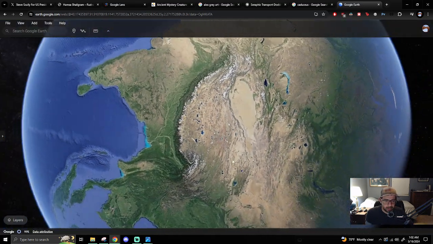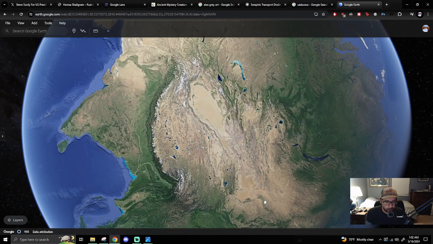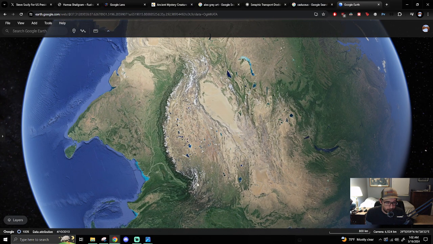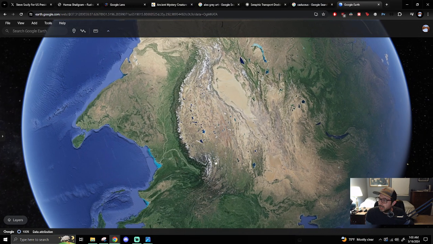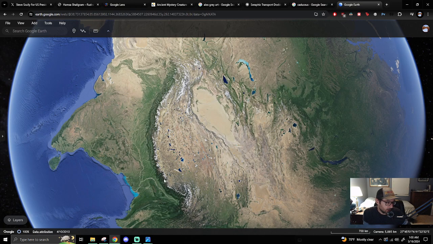But then I noticed it goes up and over, like it has a first angle this way, like this boundary is seemingly related to this boundary. And then the Himalayas go over and around and up and pretty much past this one.